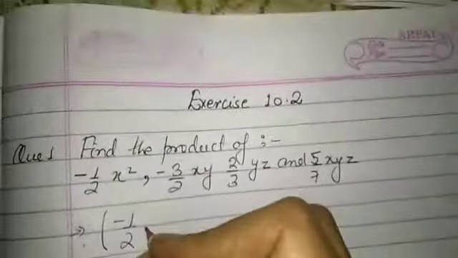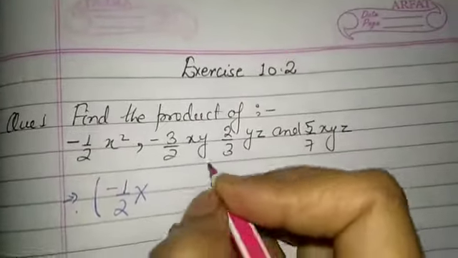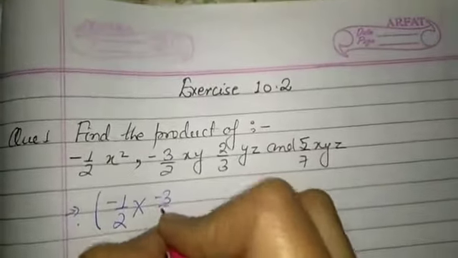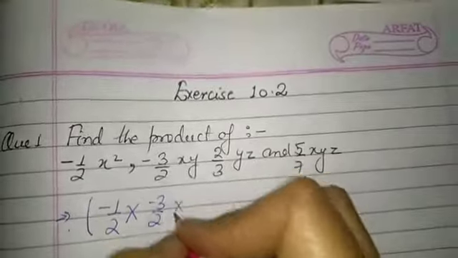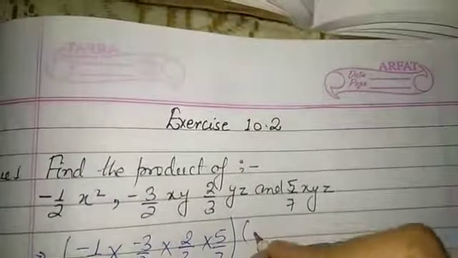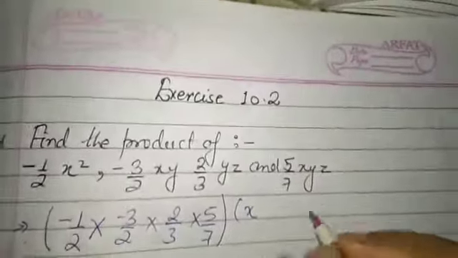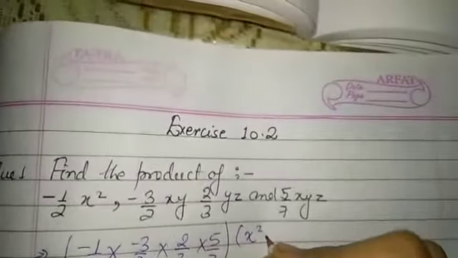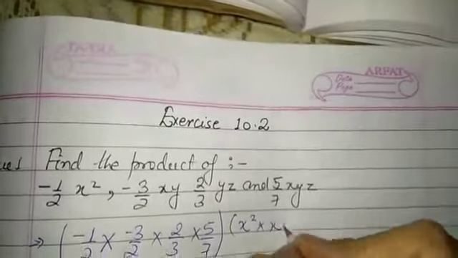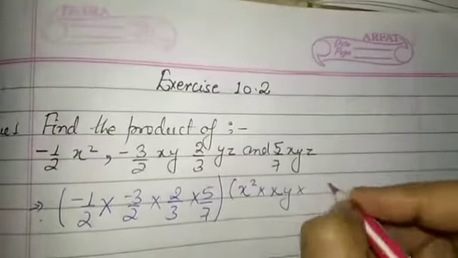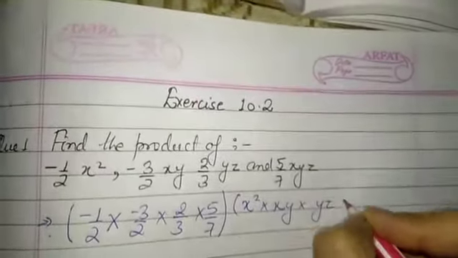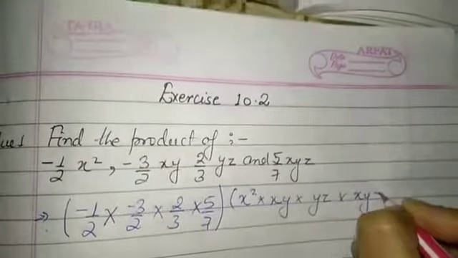The sign in between will be a multiply sign. Minus 3 by 2 into... writing the literals or the variables in another bracket, like x square into xy into yz into xyz.